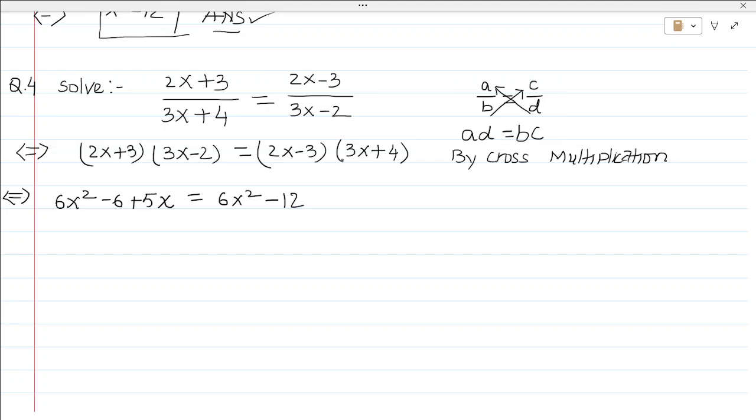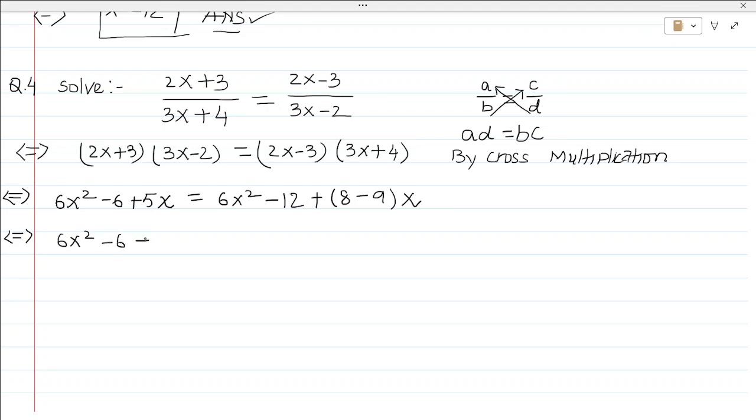Then first into last, 4 2s are 8x, and last into first, minus 3 3s are 9. We can write it directly, but just for clarity how we are doing that, I explained it.